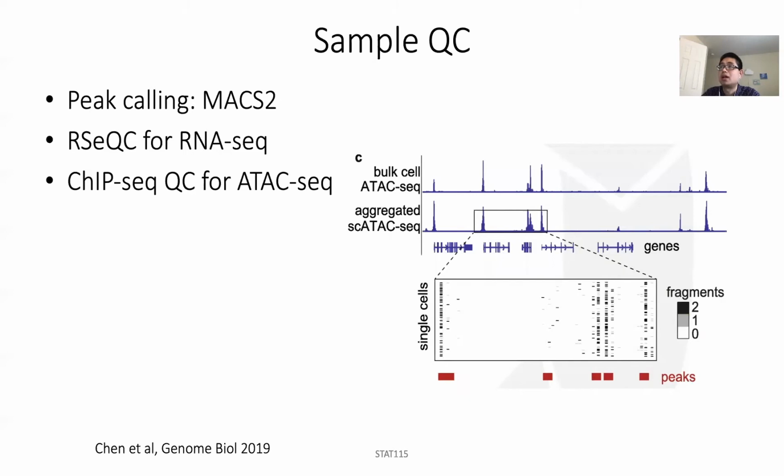Even though some rare peaks are missed, a small percentage of those peaks will still be called, and that is enough to separate them from other clusters. But if you really want to get the differential peaks or rare cluster-specific peaks, you want to call peaks again within each cluster.